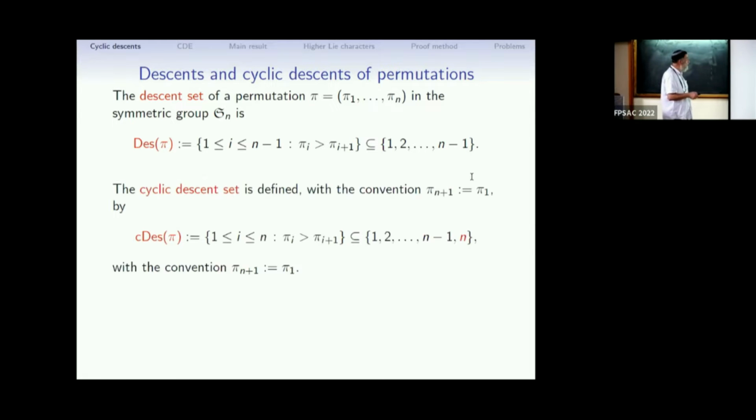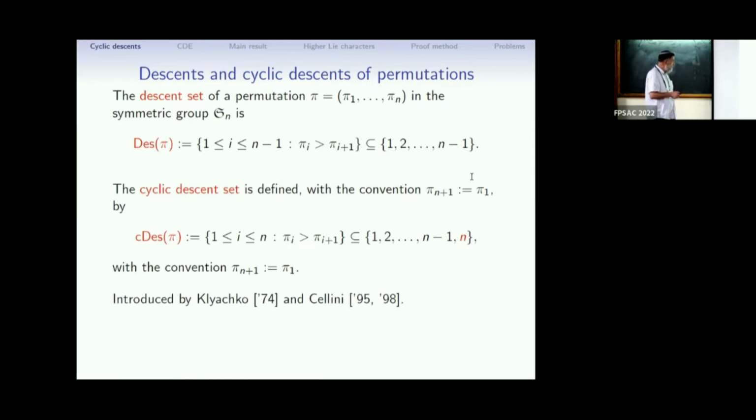Cyclic descents are descents, but we also compare the value of the last position to the first one. So n could be a descent. These are cyclic descents. They were introduced by Klyachko in '74 in a paper about Lie algebras, which was ignored by the community of algebraic combinatorics.